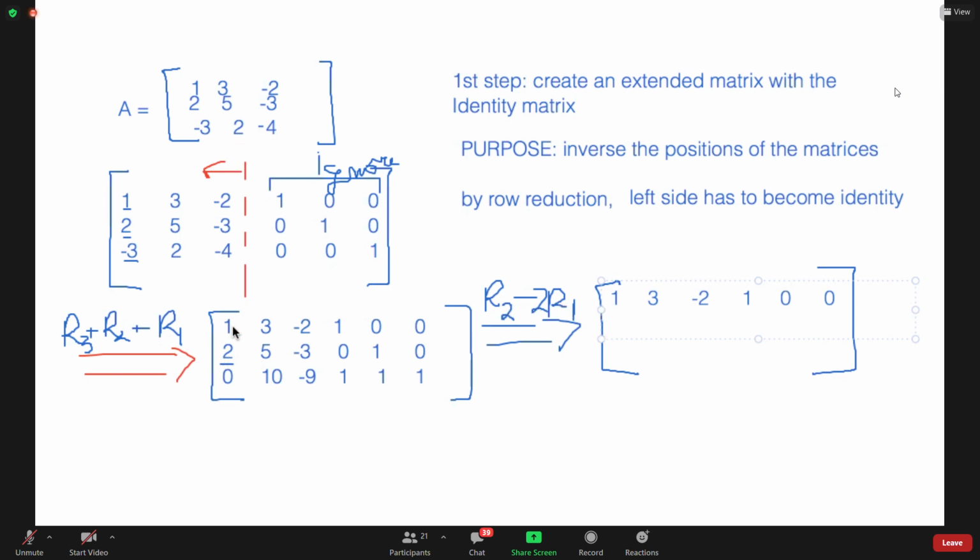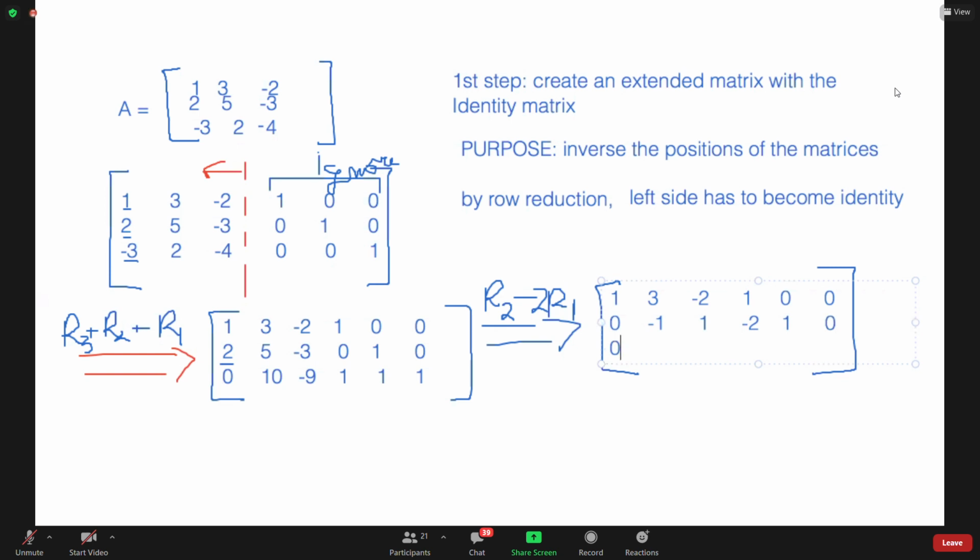So 2 minus 2 times 1, that will become a 0. 5 minus 6 will become a -1. -3 minus 2 times -2, that will become a -3 plus 4, that's a 1. 0 minus 2, this is -2. 1 minus 0 will remain 1, and 0 minus 0 will remain 0.